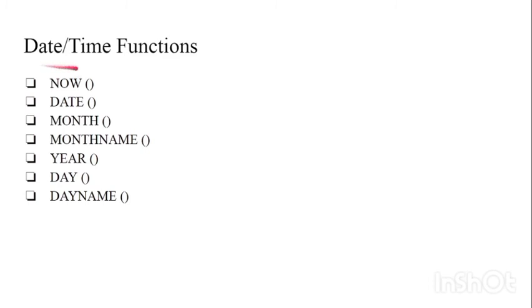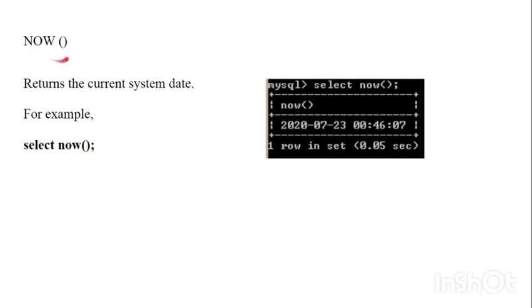Next is date and time functions. We studied about math functions and string functions. Next is date and time functions. They are now function, date, month name, year, day name. So the now function returns the current system date and time.